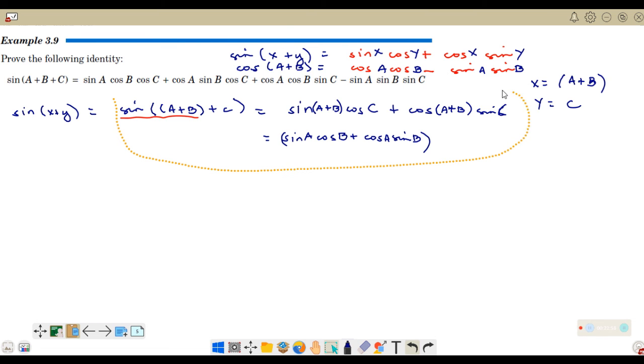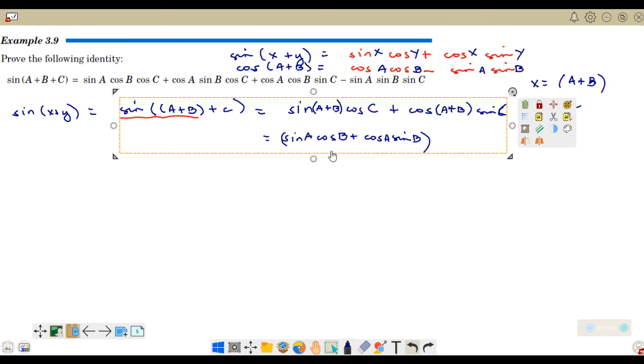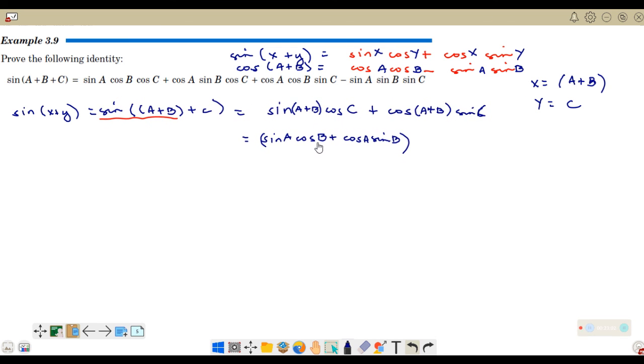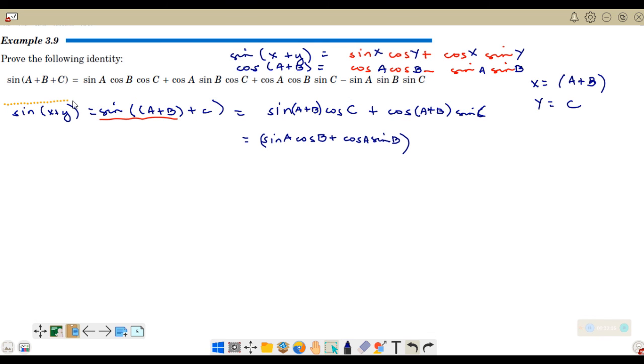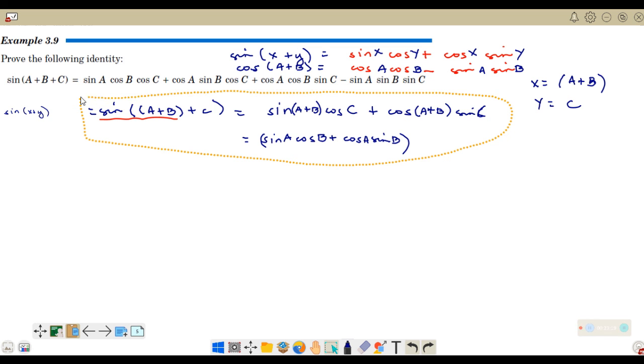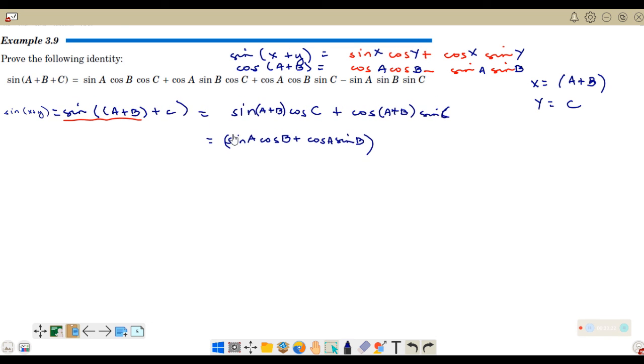Ito na lang. Mahaba kasi so kailangan ko mag-adjust ng space. Yan. So, nandito pa lang tayo ha.